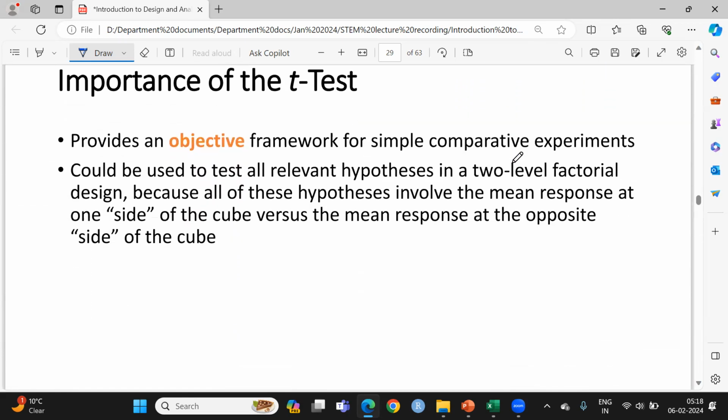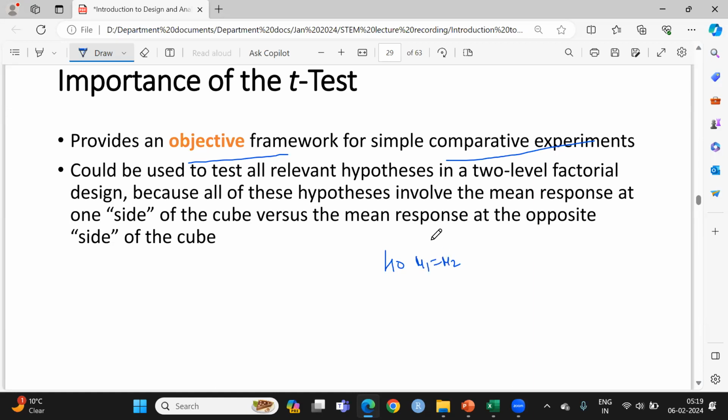Now I'm going to discuss the importance of the t-test. It provides an objective framework for simple comparative experiments. In the t-test, we can only make comparisons for testing the means of two groups.